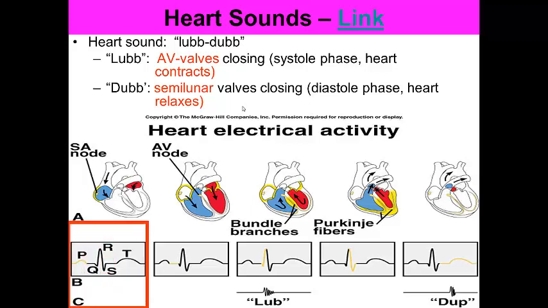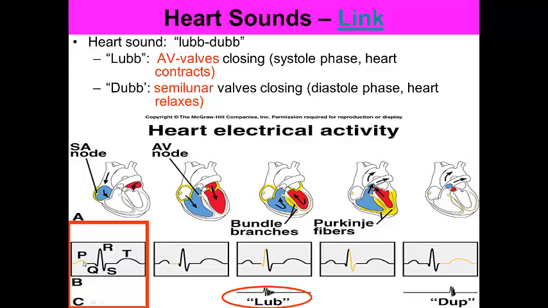Here we have an EKG, an electrocardiogram, where it outlines the stages of a heartbeat. So in this first part here, the little yellow that you may or may not be able to see, you have blood flowing into the heart and to the two atria.